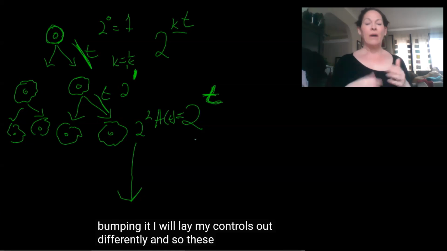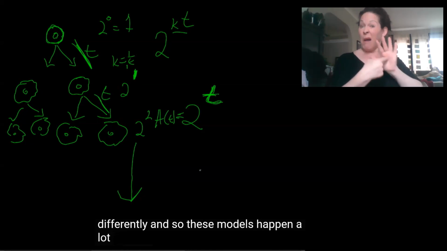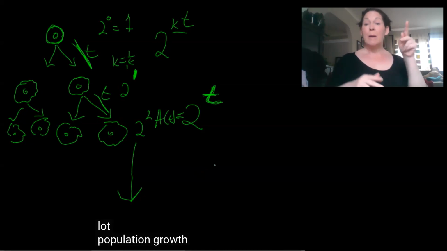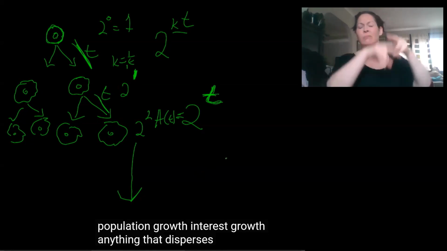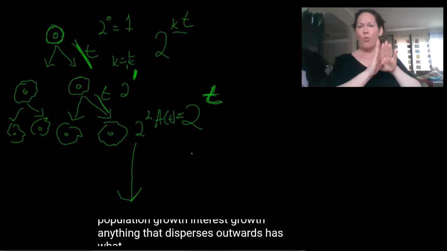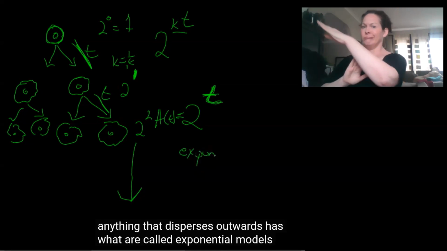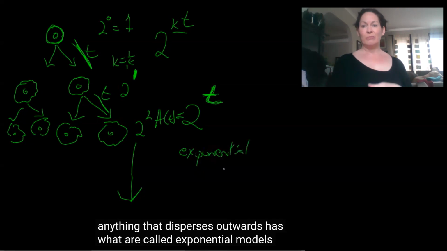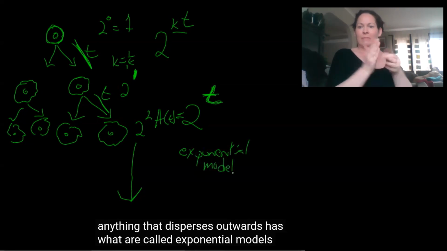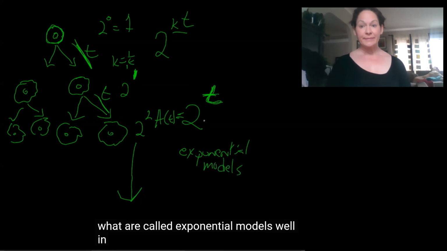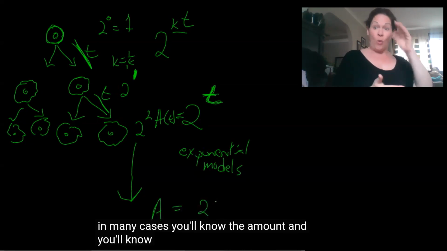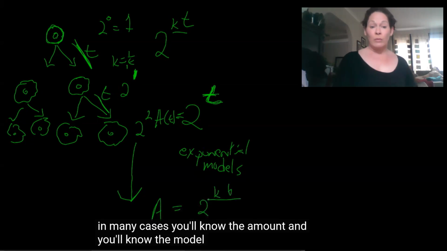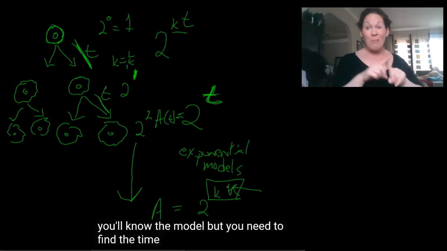And so these models happen a lot. Population growth, interest growth, anything that disperses outwards has what are called exponential models. Well, in many cases, you'll know the amount and you'll know the model, but you need to find the time.